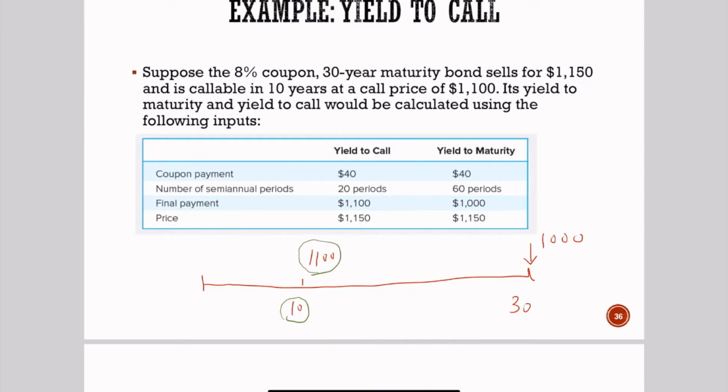And to calculate yield to maturity, you have to use 30-year and you have to use the 1,000 par value as the final date payment. Right. Again, I would encourage you to use your financial calculator and use these four inputs to actually calculate the yield to call and the yield to maturity.